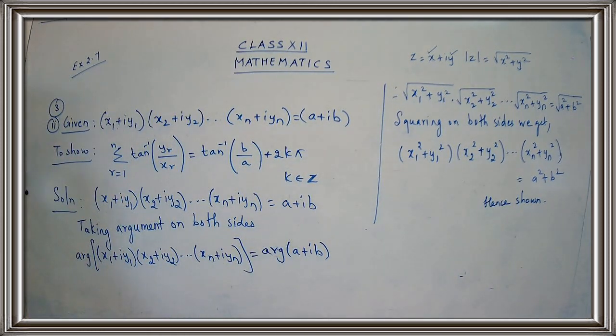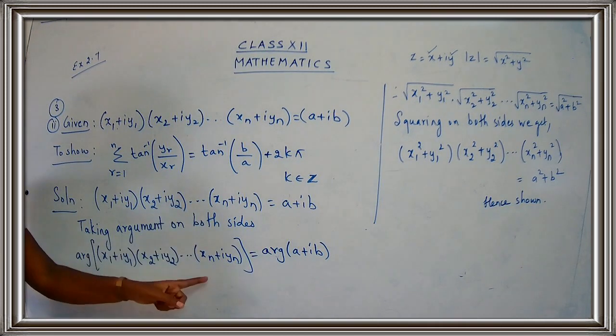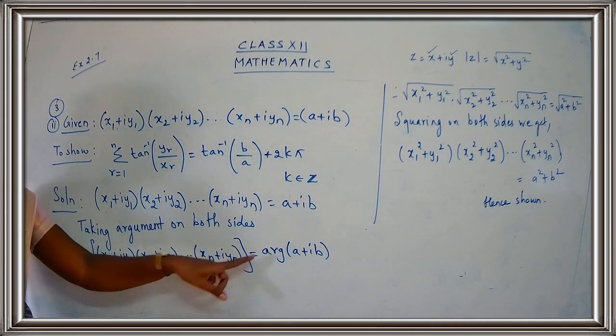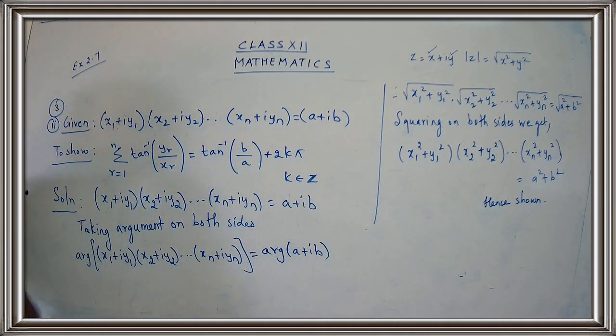Are you clear with the first step, children? What have we done over here? We have taken argument on both sides. So argument of x1 plus i y1, x2 plus i y2, dot dot dot, xn plus i yn is equal to argument of a plus ib. Now just refer to the property of argument.